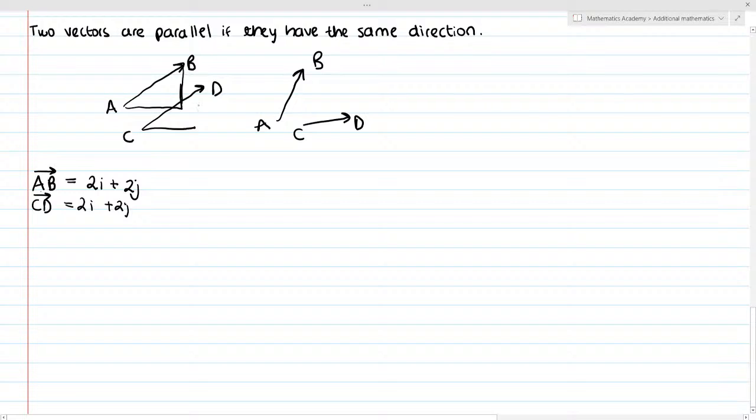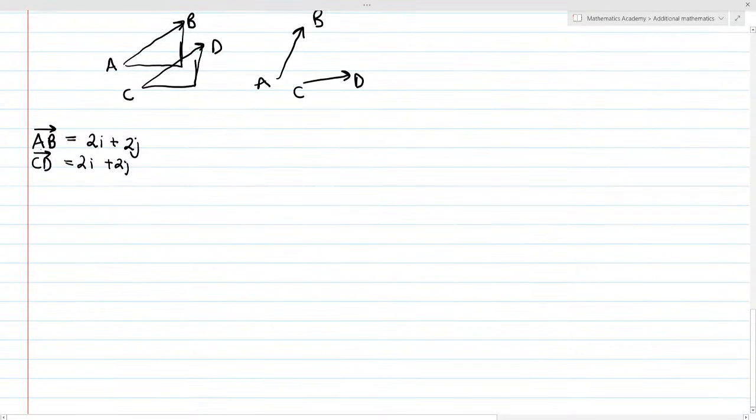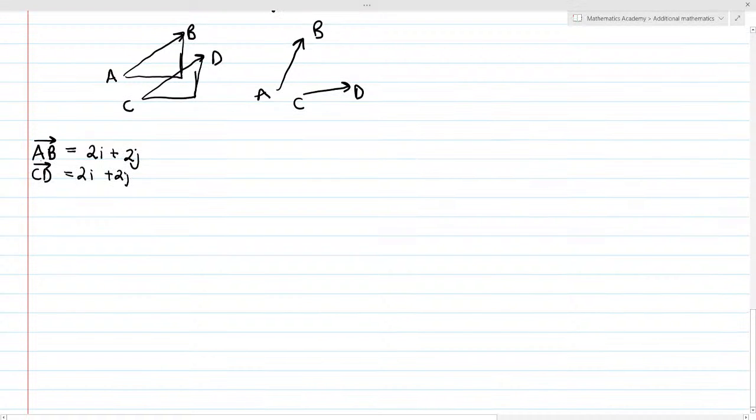Well, in this case, of course they would be parallel, right? Because they're basically exactly the same vector. But suppose I change this 2 over here into a 3. Well, then CD in this case would be slightly steeper than AB. And so they would not be parallel in that case.